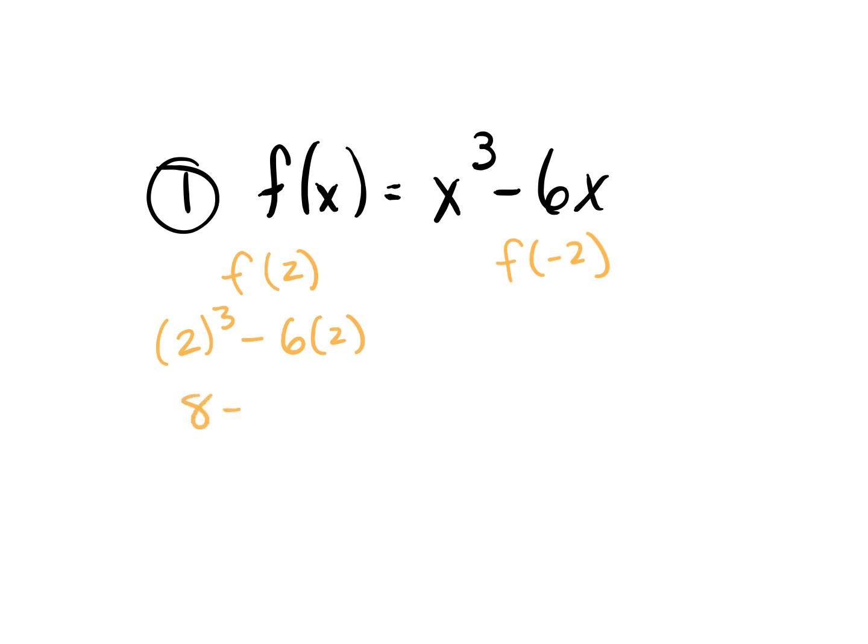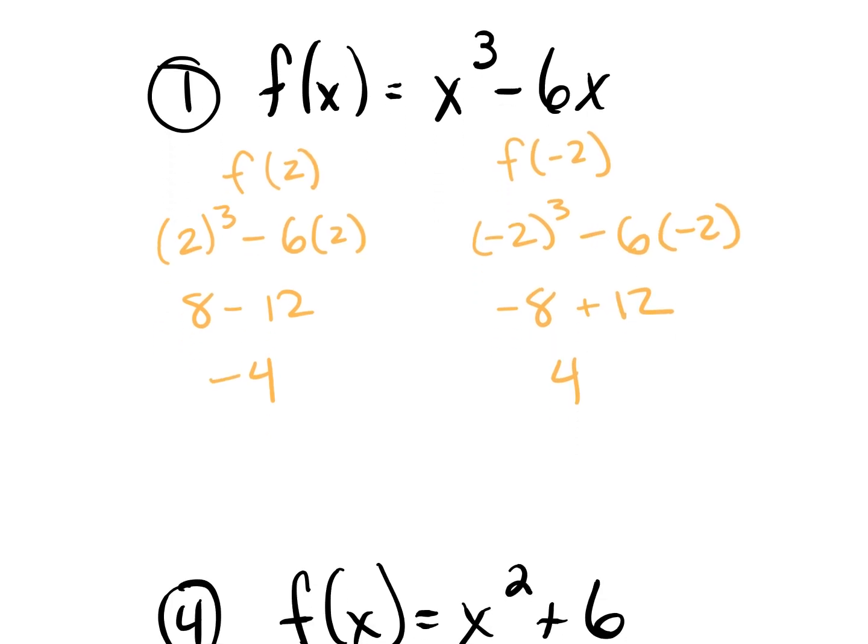So this would be 8 minus 12, which is -4. And again, we want to plug in -2 and see what we get. So this would be -2 cubed minus 6 times -2. So this is -8 plus 12. So that would be +4. So because these are the same number but opposites, that would make this an odd function.